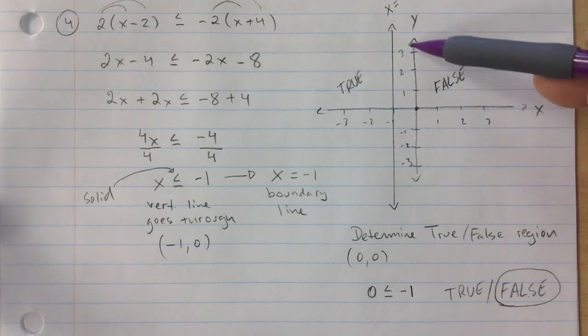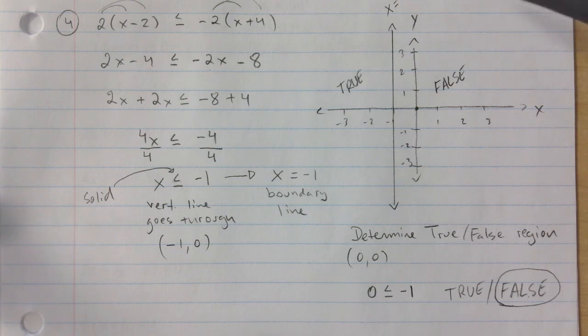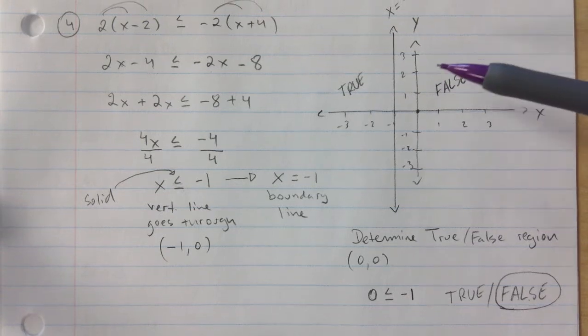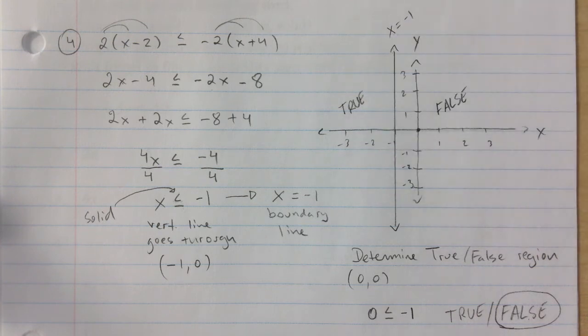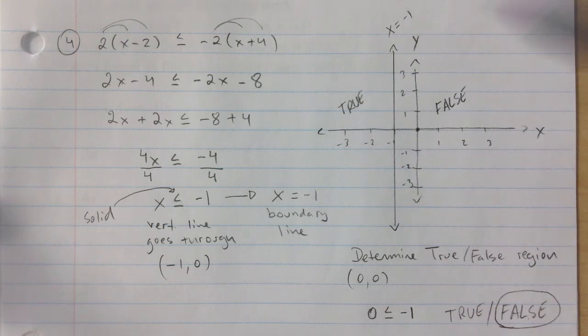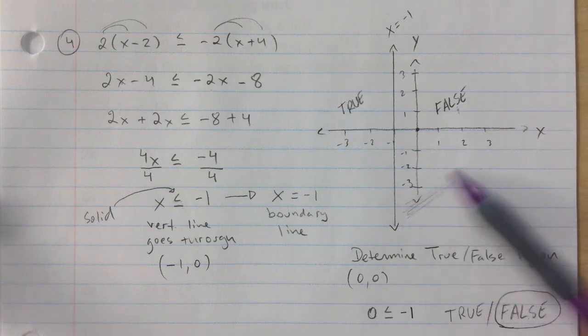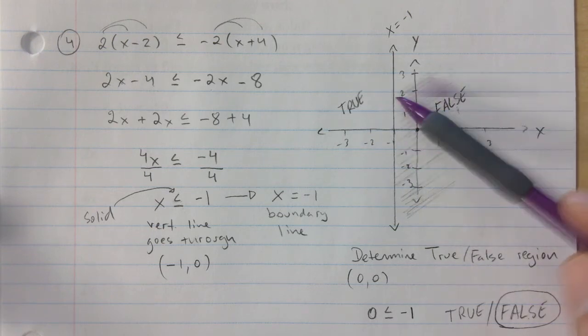That helped us to determine that everything to the right side will be false as well. So true and false never changes. That stays fixed. Once you've determined that, that is it. Shading changes. If I asked you to do regular shading here, you would be shading in the true region. If I asked you to do reverse shading, you would be shading in the false region. I asked you to do reverse, I believe, if I remember correctly. My answer key would have been reverse, I think.